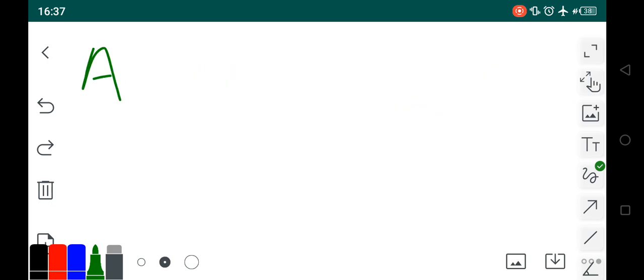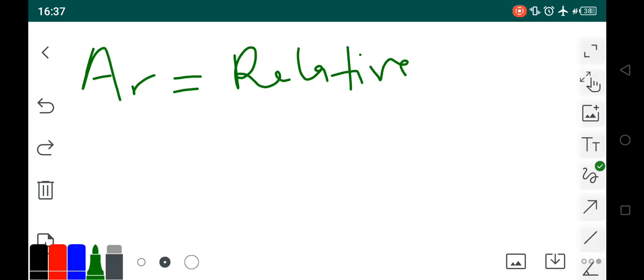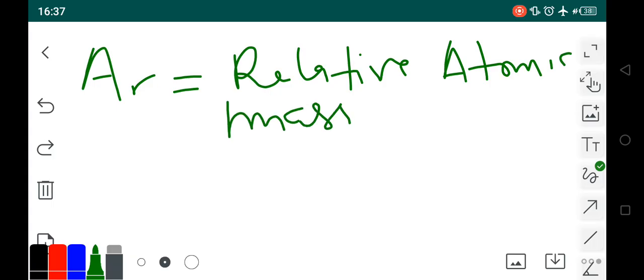Remember that Ar is simply relative atomic mass.